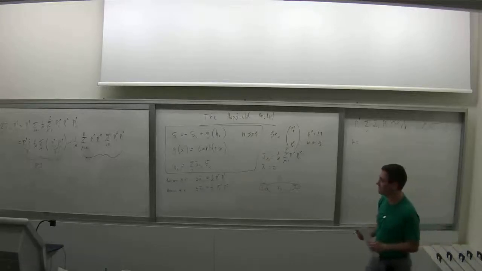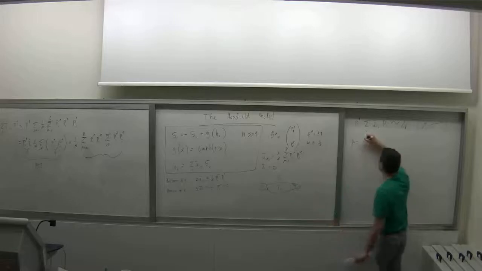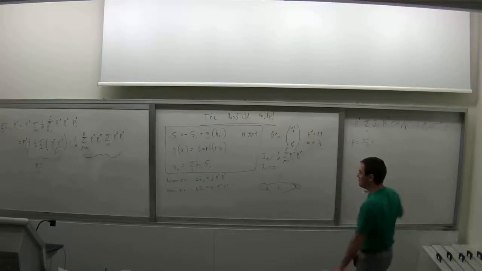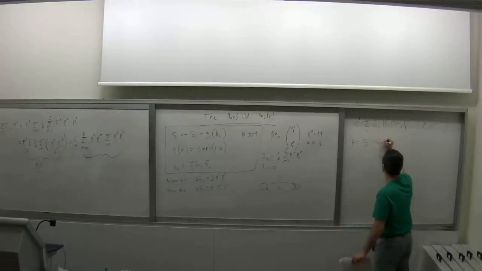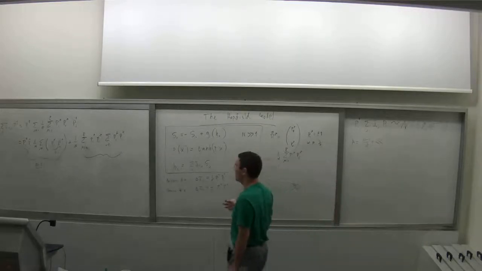The whole thing is equal to (n minus 1) divided by n, plus the average.